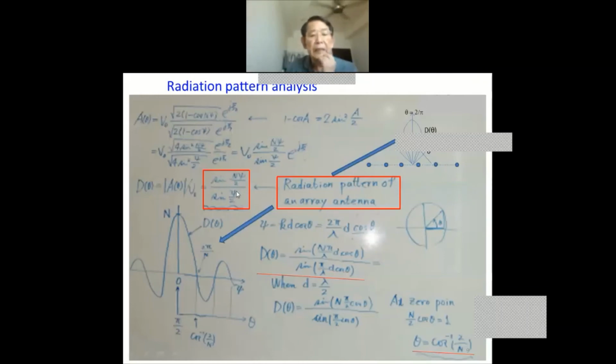At ψ equals 0, it becomes the maximum value n, and at ψ equal to 2π divided by n, this value becomes π, so this becomes 0. So the pattern at φ equals 0 becomes n, and like this.